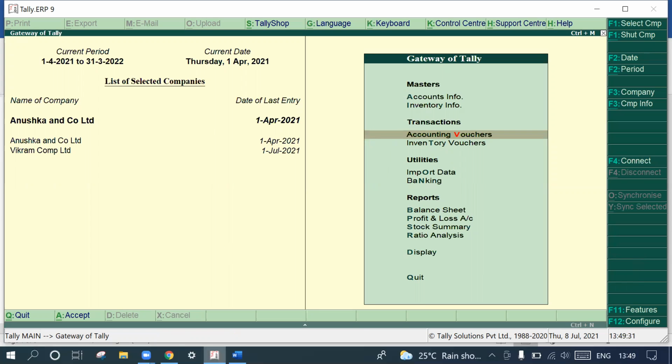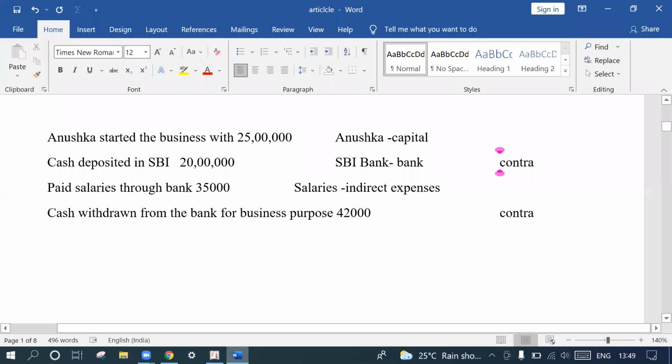So in this way, we can enter the details, including the contra entries in the Tally software. In the next class, we shall see other complex transactions.